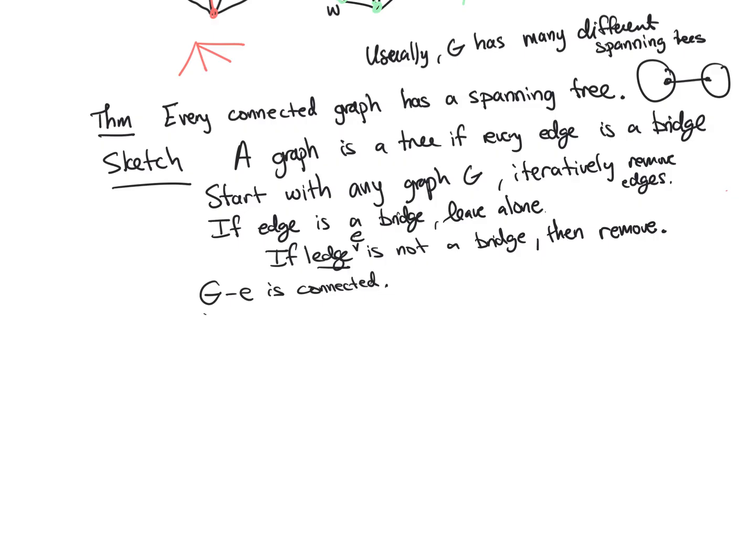If every edge of G minus E is now a bridge, it's a tree, so we're done. If there's an edge which isn't a bridge in G minus E, like another one F, then you remove F and you just keep going. Repeat until you're left with the case where every edge is a bridge, so repeat until you get a tree.